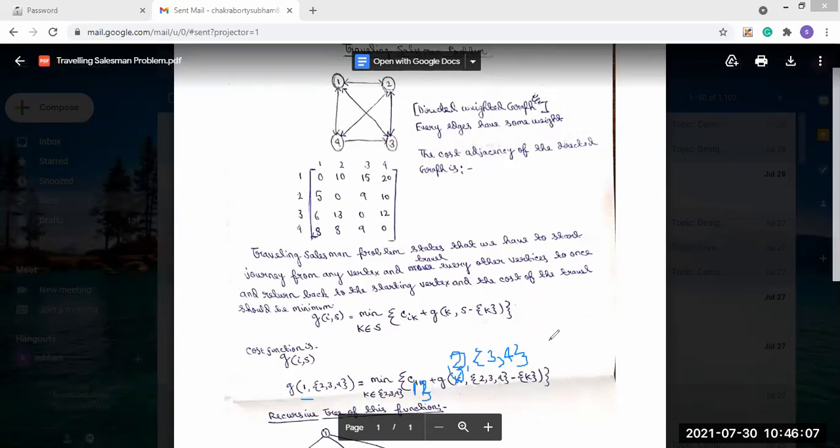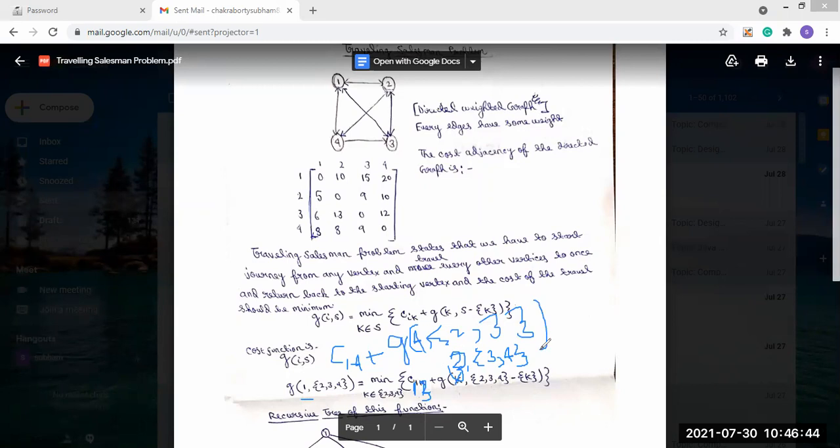Next, if we consider the route from 1 to 4, it becomes C of 1, 4 plus G, where K is 4 and the remaining vertices are 2 and 3.